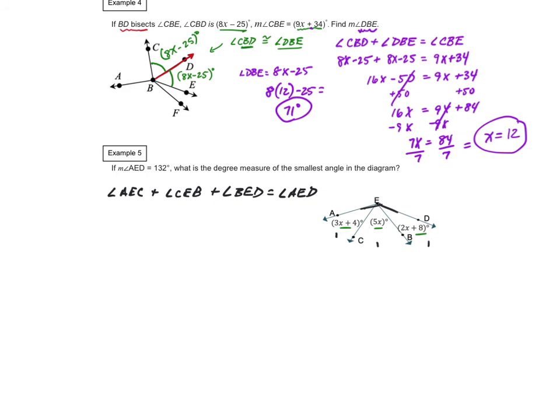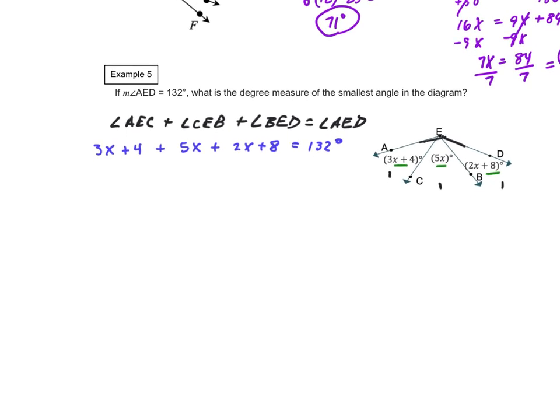Okay? I have AEC, which is 3x plus 4, plus CEB, 5x, plus BED, which is 2x plus 8, and that is going to be equal to 132 degrees. So now I'm in a position that I can solve for x by doing some inverse operations, doing some combining like terms.